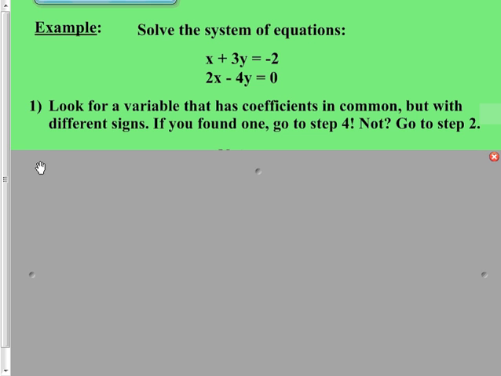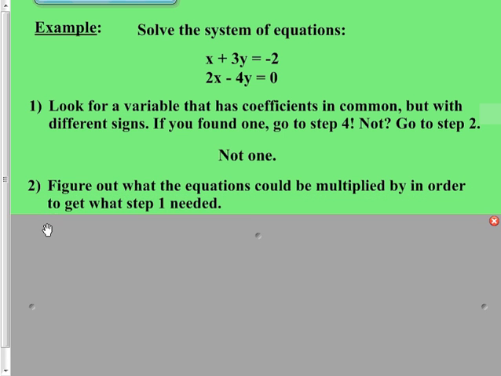Okay, so we are going to need to figure out what the equations could be multiplied by in order to get what step 1 wants. Now it does not matter; you can pick the x's, you can pick the y's. I think in this case it would probably be a little bit easier to get the x's. When you look at the y's, it's going to be difficult.